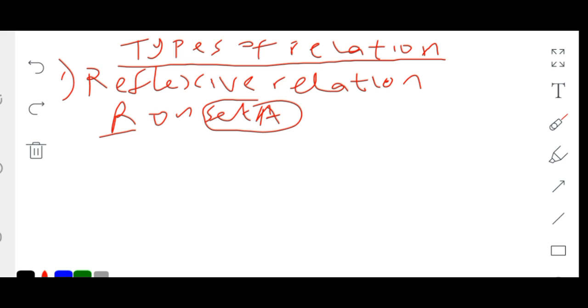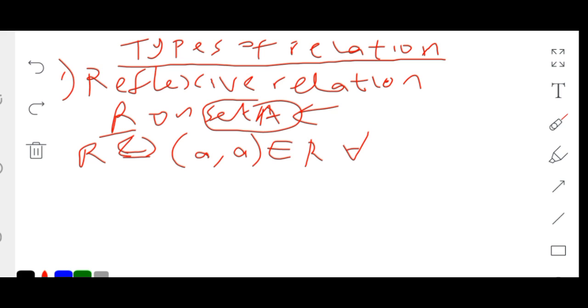Simple as that. R is reflexive if and only if (a, a) is a member of R for all a in set A.